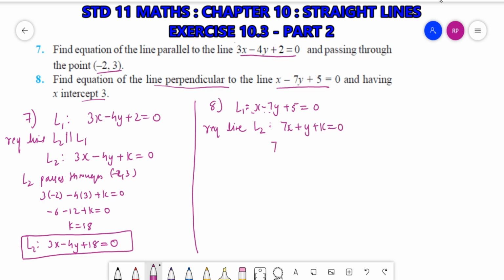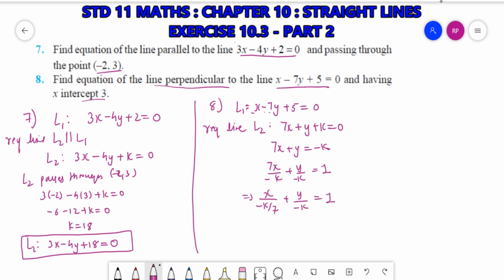So 7x + y = -k. Dividing both sides by -k, 7x upon -k plus y upon -k equal to 1. So x upon (-k by 7) plus y upon (-k) equal to 1.